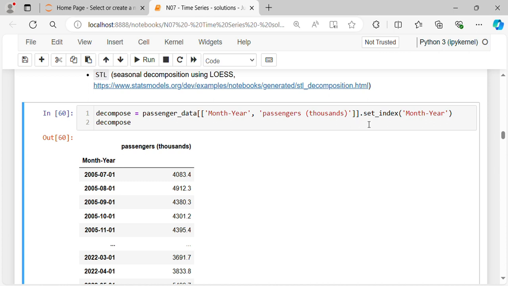And then .set_index of month-year will be setting the column month-year as the index, and printing the data frame, we can see that month-year is the index, and passengers in thousands is the column.